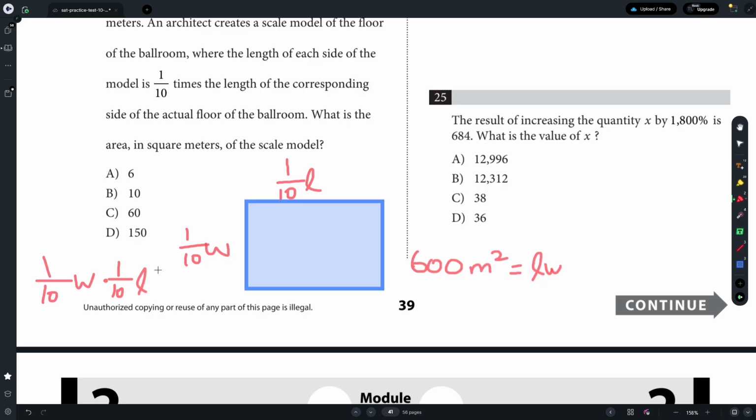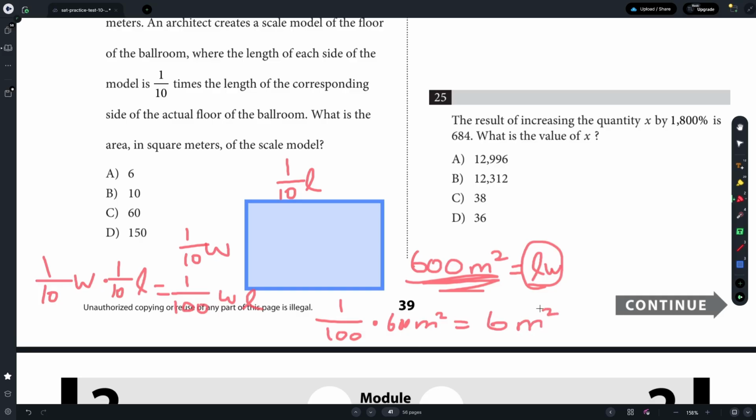And 1/10 W times 1/10 length is equal to 1/100 width times length. And we know width times length right here is 600 square meters. So we can just plug that in and say 1/100 times 600 square meters is equal to 600 divided by 100, which is 6 square meters. So the correct answer is A.